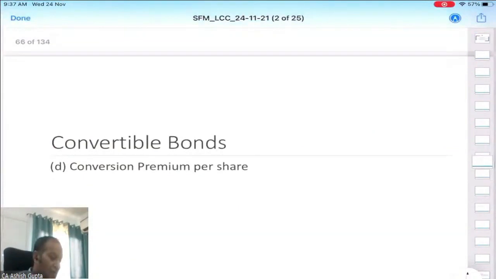Now next we discuss the conversion premium per share. Suppose we have taken the convertible route; it may be possible that we have paid some premium, because the route may not have cost the same.